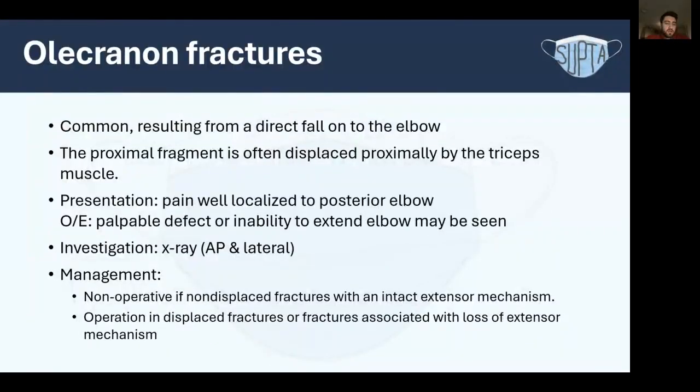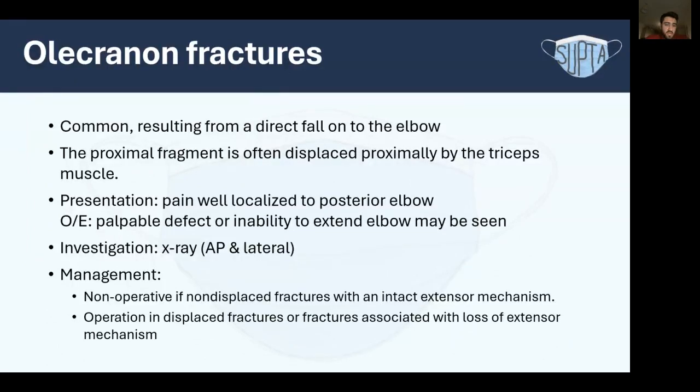Now we have olecranon fractures. They're common, resulting from a direct fall on the elbow. The proximal fragment is often displaced proximally by the triceps muscle. Presentation is pain well localized to the posterior elbow. Upon palpation, you may find a palpable defect or inability to extend the elbow.